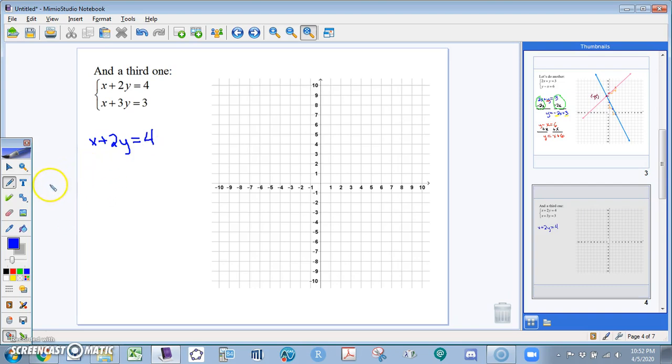I need to solve for y, and I might be tempted to divide by 2, but one of the very common mistakes is to think, oh, I'll just divide by 2 on both sides and get x plus y is equal to 2. But what's absolutely and completely wrong about this is that I also didn't divide the x by 2.